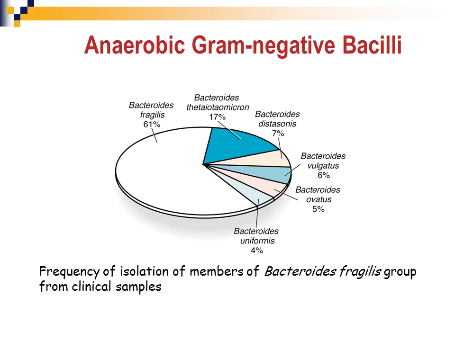And you can see Bacteroides fragilis is 61% of all of the gram-negative anaerobes. So not only is Bacteroides the most commonly isolated anaerobe, but Bacteroides fragilis, that specific organism, is the most commonly isolated anaerobic organism in general.